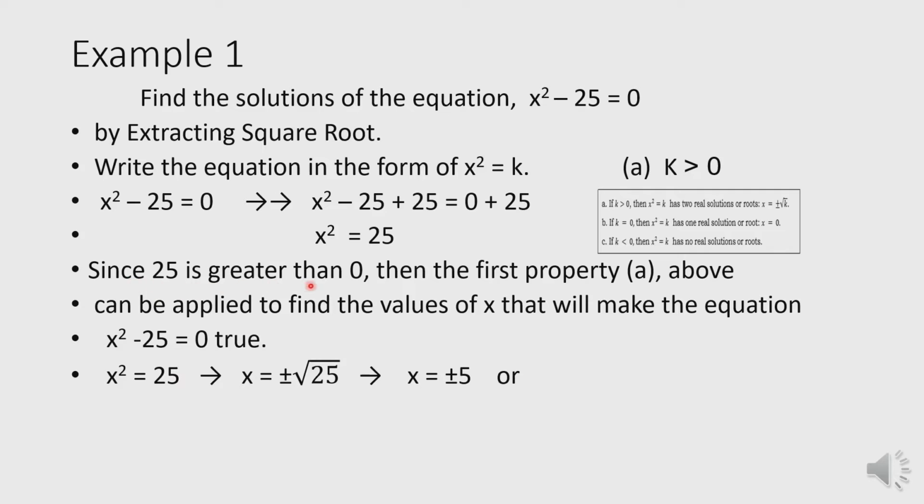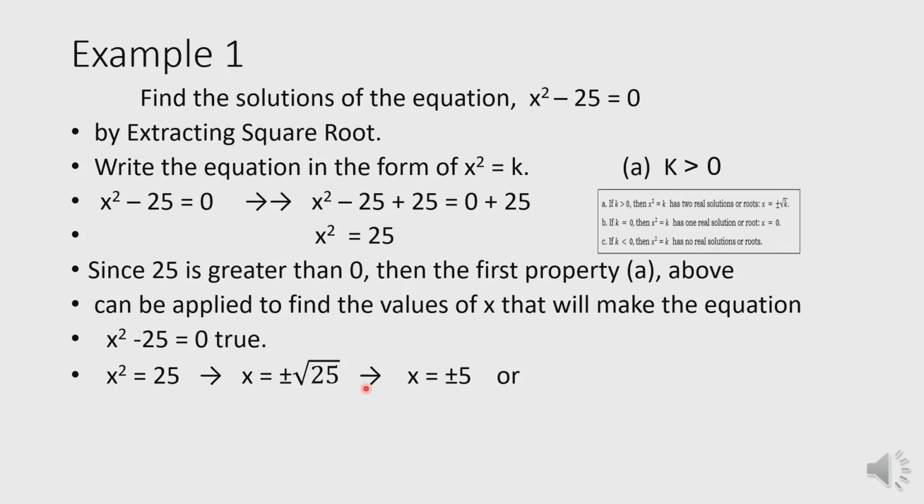Since 25 is greater than 0, then the first property A above can be applied to find the values of x that will make the equation x squared minus 25 equals 0 true. So in here, x is equal to positive and negative square root of 25.